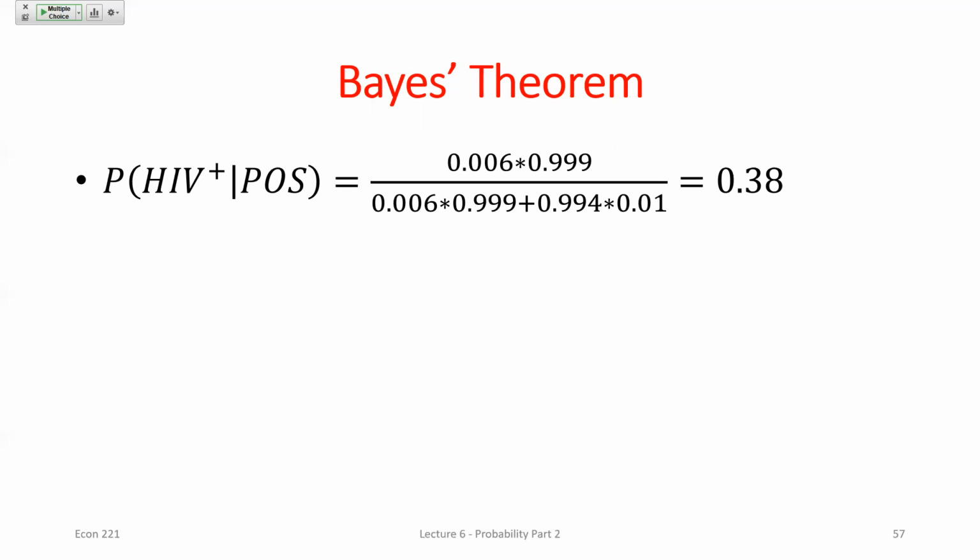If we use the US population of roughly, I'll use 300 million just to make it easier to think about. I know it's a little bit higher, but it's about 300 million. So if about 0.5% of people, 0.006, have HIV in the US, we would say that's about what?